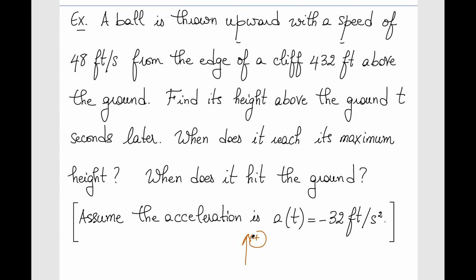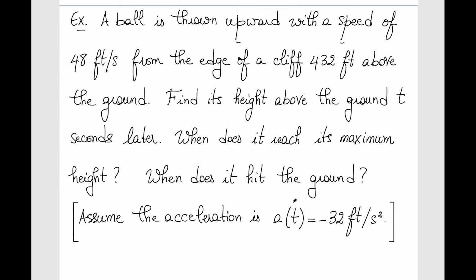That's my positive direction. And since the gravitational force is a downward acceleration, I'm going to have a negative attached to this acceleration. That's the only force that's going to act on this ball. Make sense? So we're going to start from this. Similarly as before, if you integrate this once, we get the velocity function, and if you integrate twice, we get the position function.